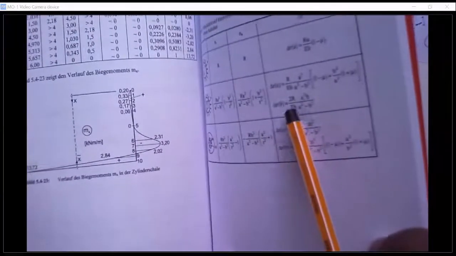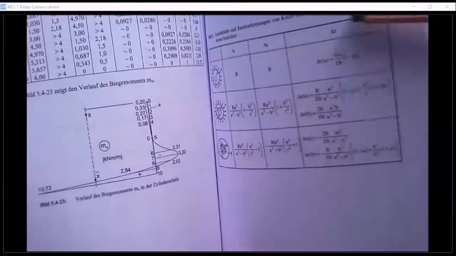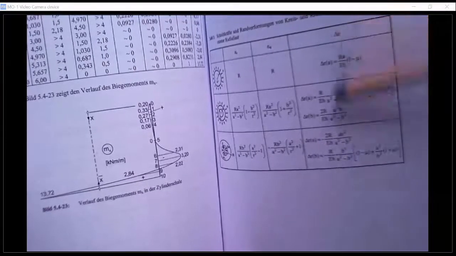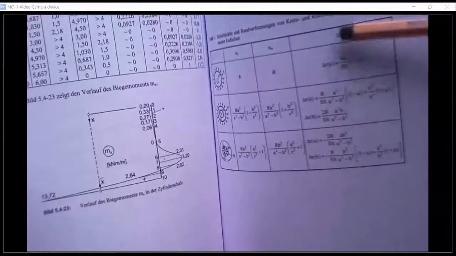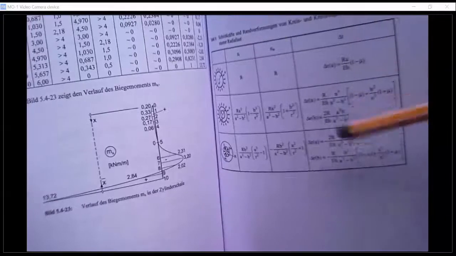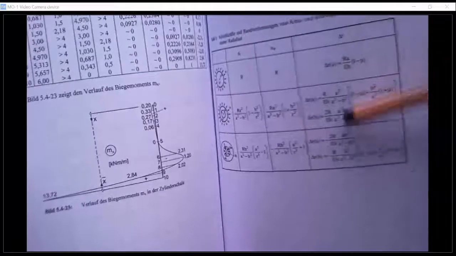So there might be that H, as you can see here, that comes into play. But apart from that, we didn't compute the displacement. We might do that next time because I intend to stop the video after this, but we might do the displacement in another video.